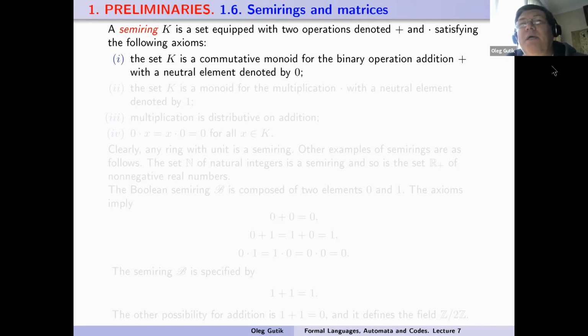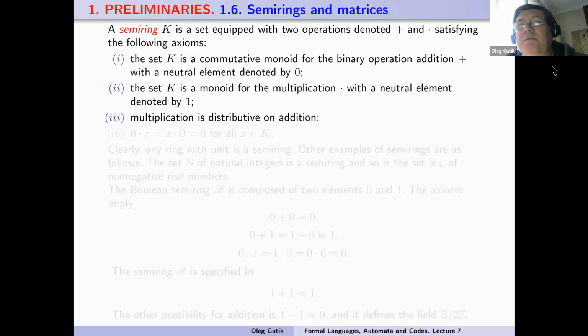The first axiom: the set K is a commutative monoid for the binary operation addition, plus, with the neutral element denoted by 0. The set K is a monoid for the multiplication, dot, with the neutral element denoted by 1.